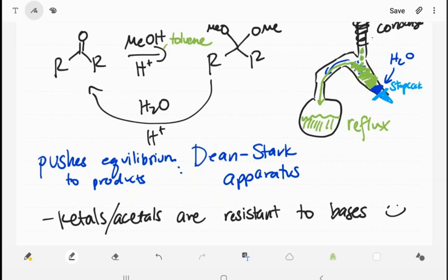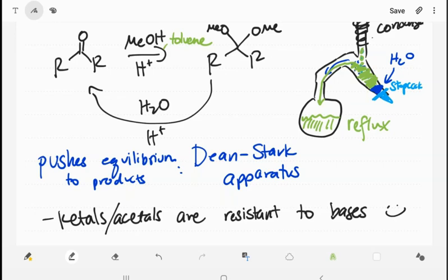Because, say, if you have a ketone and an aldehyde on the same molecule, you want to get rid of the ketone but not the aldehyde. Well, a couple ways to do that. First thing, you'd probably protect your aldehyde. Remember, aldehydes are more reactive than ketones are.